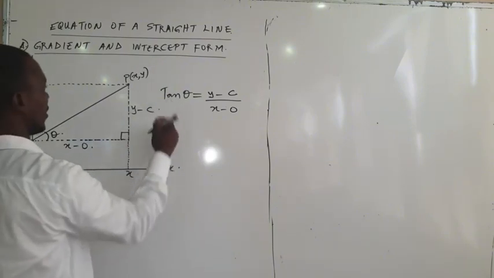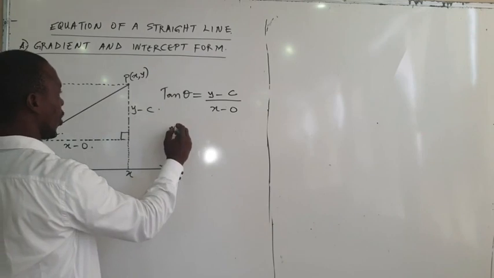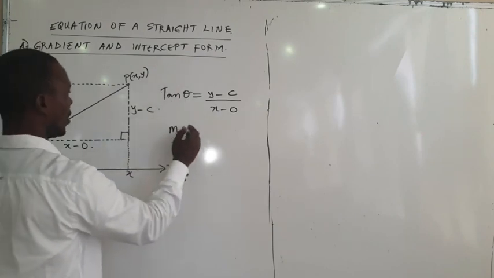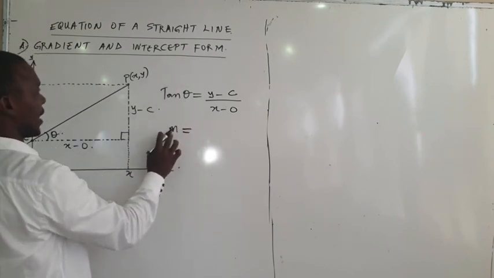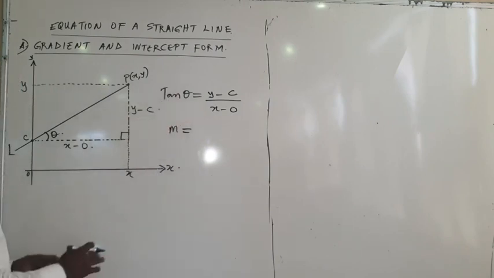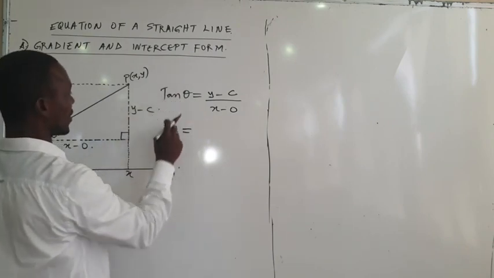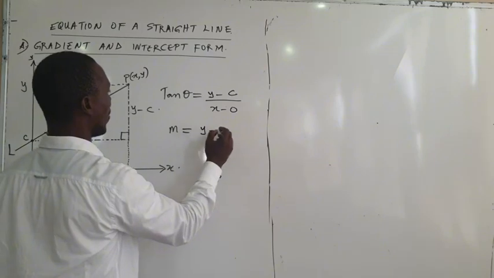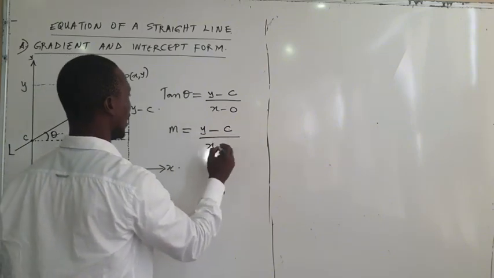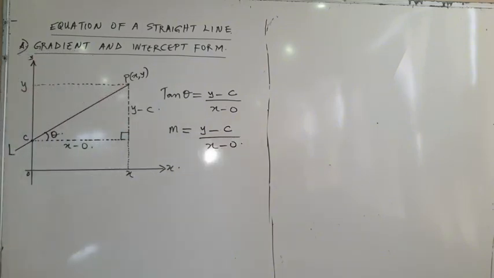So we now change tan theta to the gradient, m. The gradient m is the same thing as tan theta. So m is equal to y minus c all over x minus 0. The next thing to do is to rewrite and make y the subject of the formula.